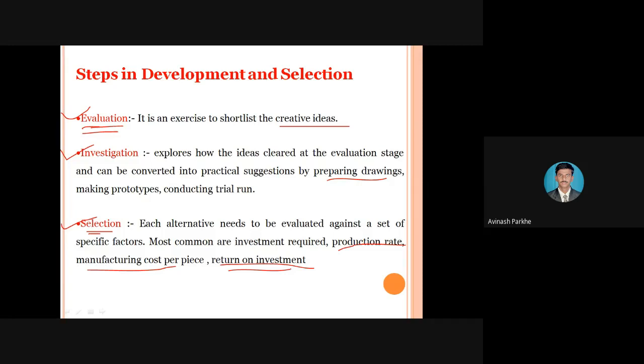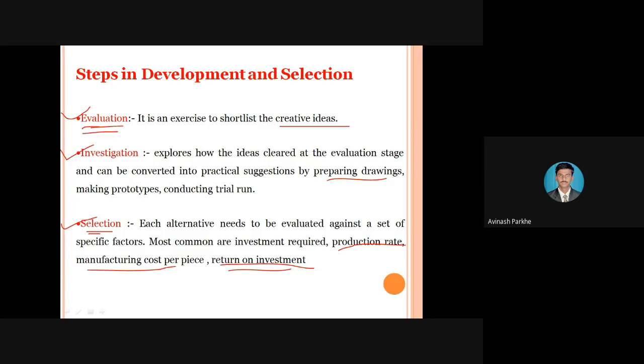So out of those 2 ideas, we have to select only the idea which is feasible to us. For example, idea number 1 takes less time as compared to idea number 2. For idea number 1, less time is required to convert the raw material into finished goods. Again, for idea number 1, very little investment is required as compared to idea number 2.